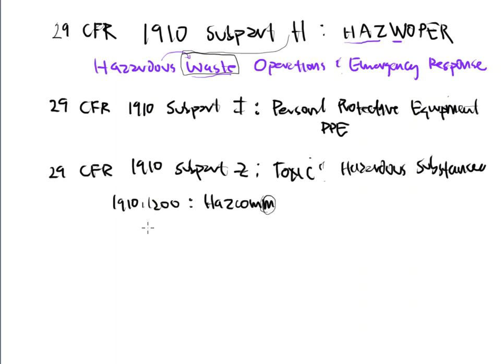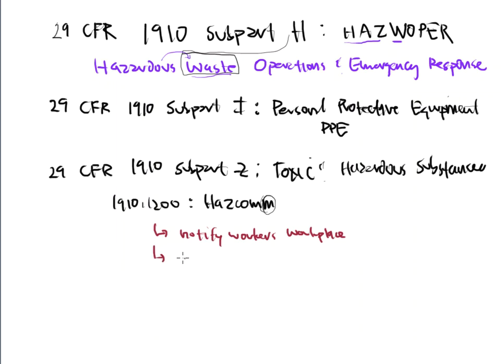So what's the HAZCOM? What does it do and what's its purpose? Well, the COM stands for communication. So this is notify workers if something happens, right? So if something happens or if they're going to be working with a toxic or hazardous substance, how do you notify workers in the workplace? That's the thing here, right? You have to let them know that they're working with something kind of dangerous.